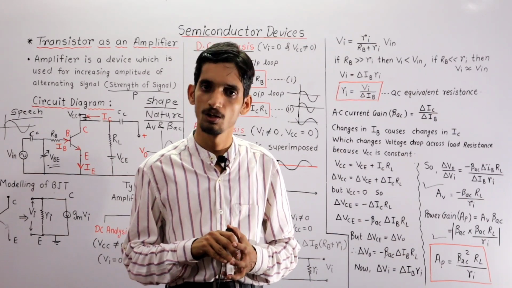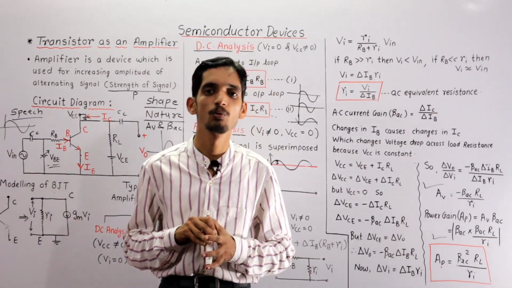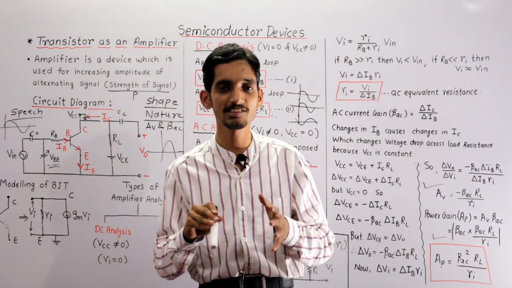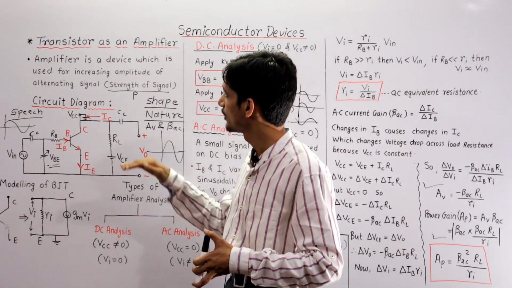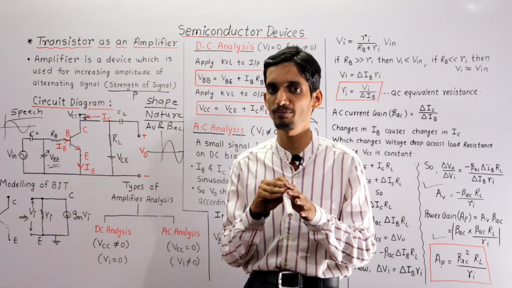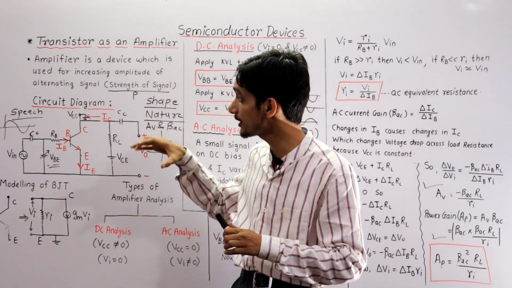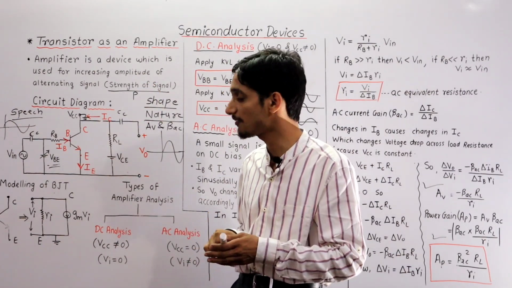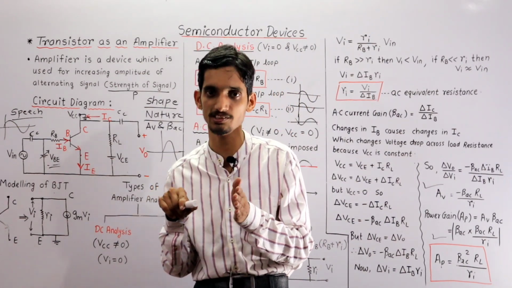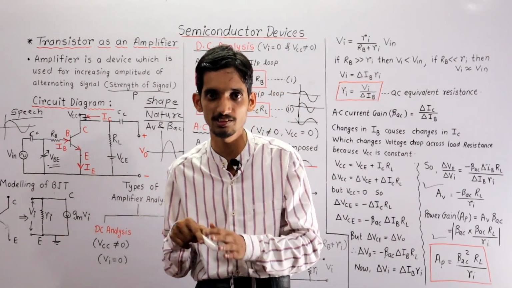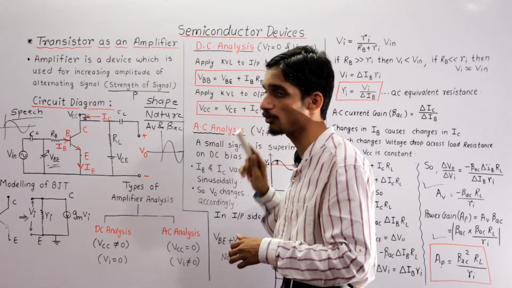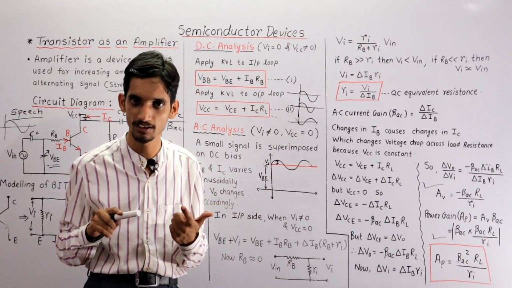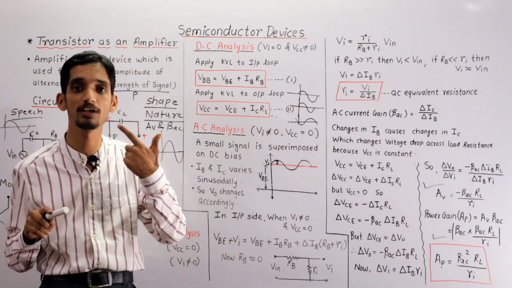Okay, so in this lecture we discussed common emitter amplifier using transistor. First I discussed the definition of amplification. Later on, what are the important components present in the circuit, their significance. Afterwards, types of amplifier analysis, what is DC analysis, AC analysis. Later on, some expressions for DC analysis. In AC analysis, I discussed modeling of BJT, how to model the BJT, what is meant by modeling.